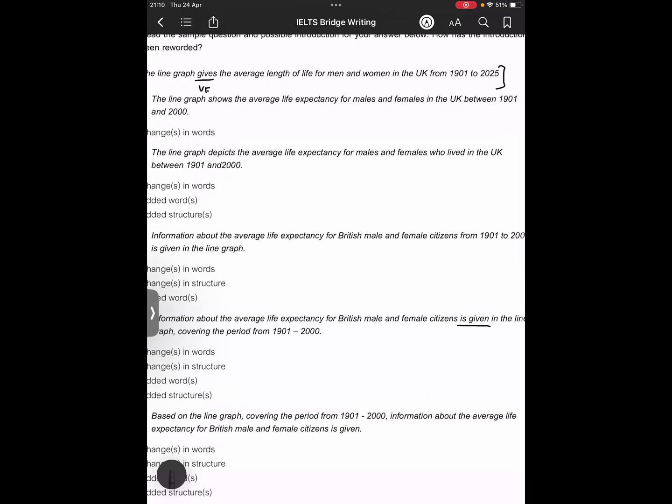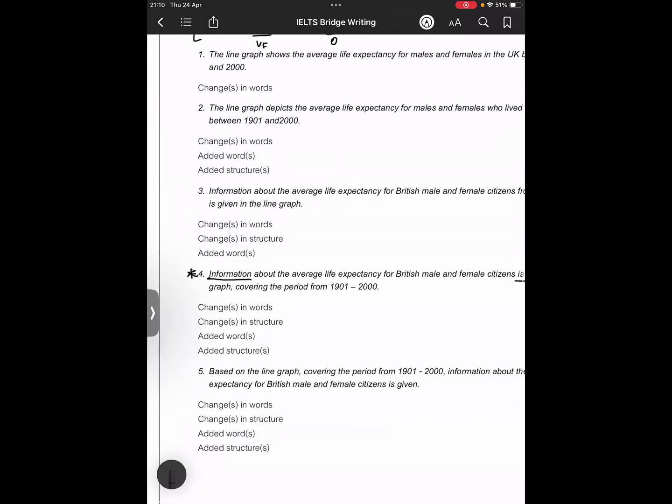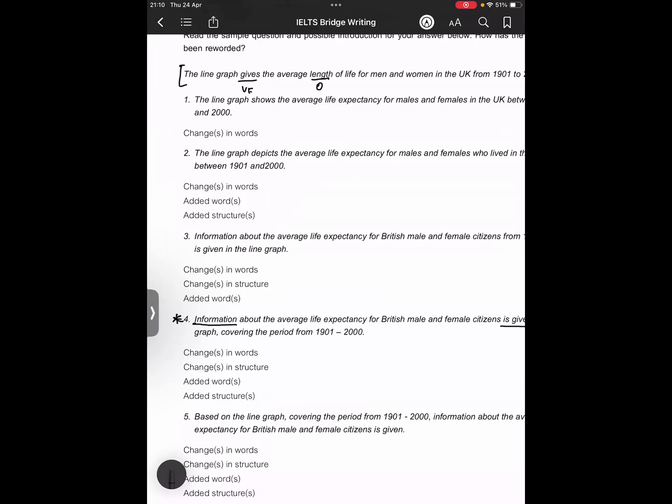Now you would notice that when you turn this into passive voice, in fact, it's supposed to be this object that takes the subject position. However, it turns out to be this word, information. So where does that word come from?